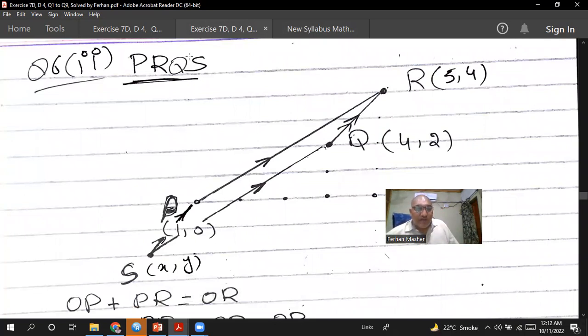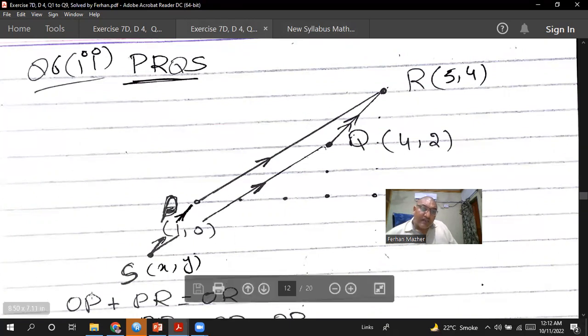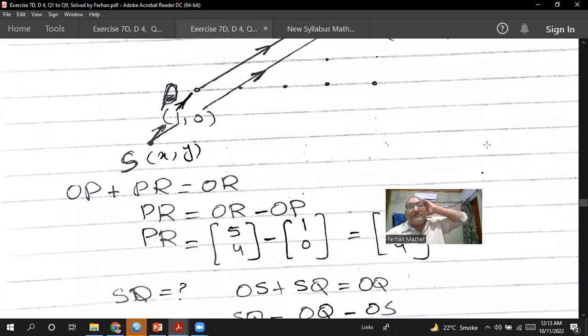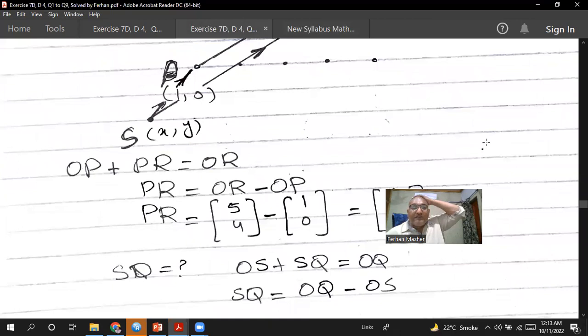Now the PR and the SQ will have the same column vector. They are opposite sides of the parallelogram, so they are the same vectors, okay? PR and SQ. The method is very simple. First of all, I will find out the PR side.